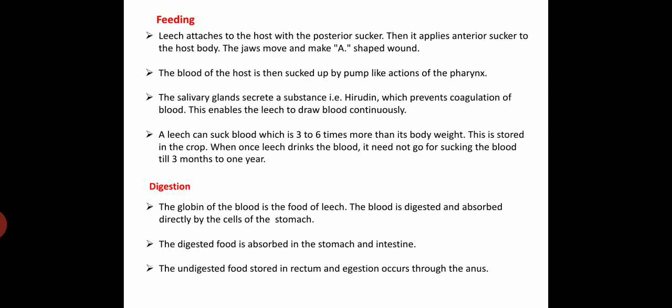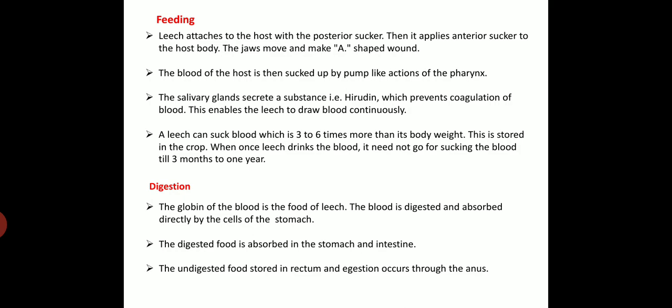The salivary glands secrete a substance, that is hirudin, which prevents coagulation of blood. This enables the leech to draw blood continuously. A leech can suck blood which is 3 to 6 times more than its body weight. This is stored in the crop.